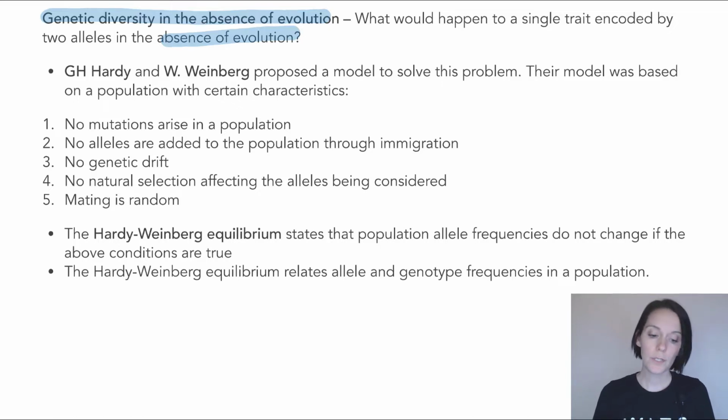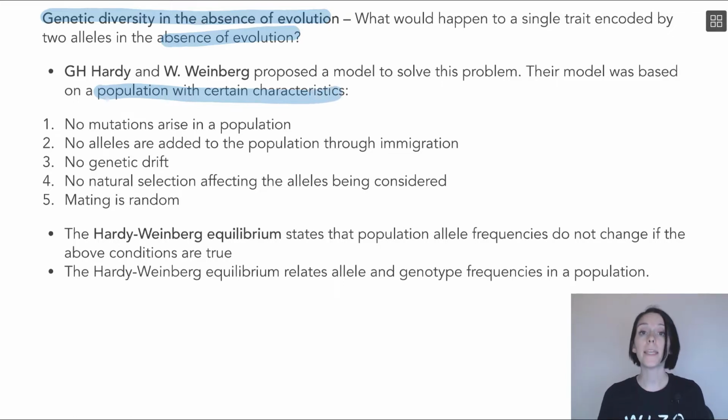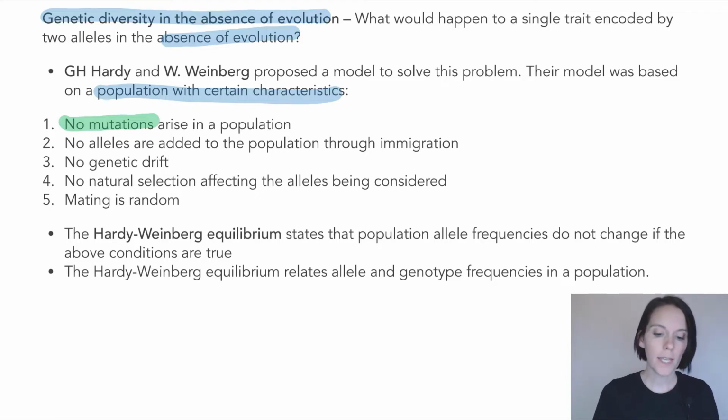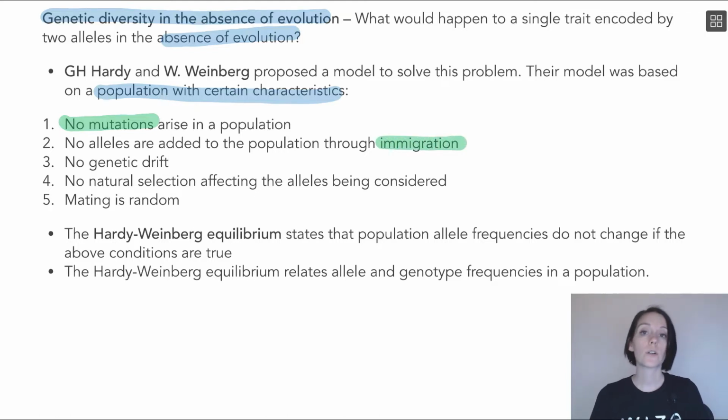So in order to use this model, or in order for a population to be in Hardy-Weinberg equilibrium, the population must have these characteristics. Okay, so in order to be in Hardy-Weinberg equilibrium, the population is not evolving. So for a population to be not evolving, we need to have no mutations, so no new alleles being added to the population. No alleles being added through immigration or genetic drift, gene flow.